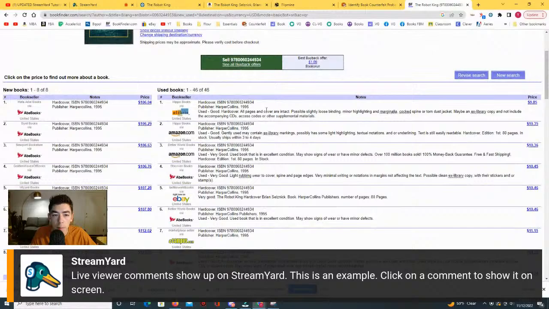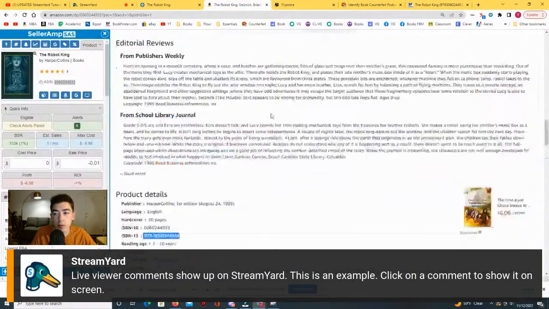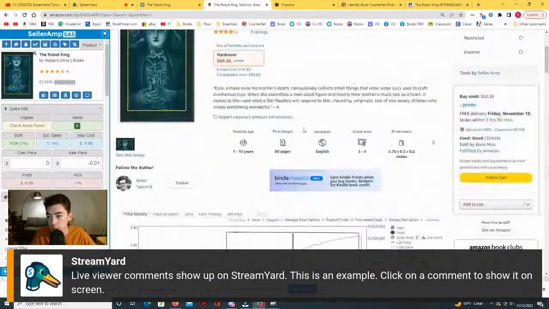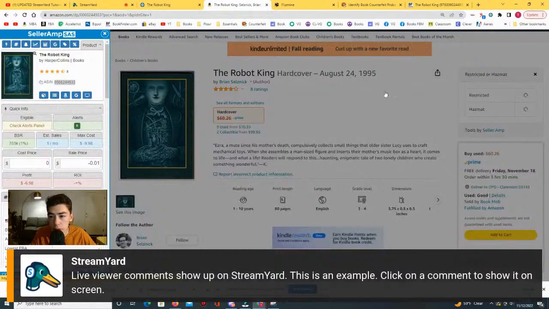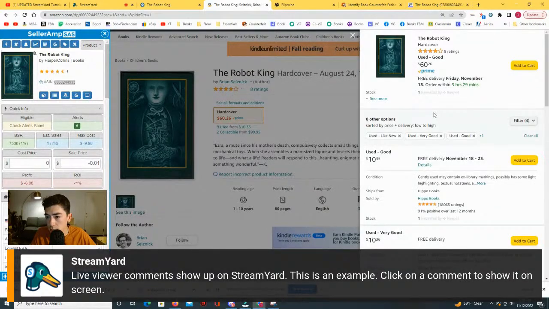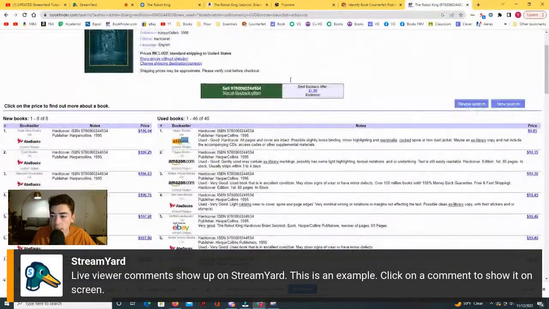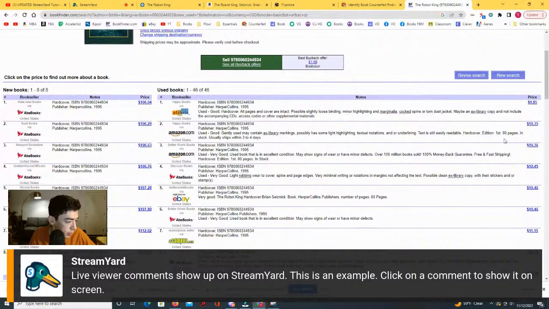So you can see that even though the price on this book is $10 plus 35 cents, that's not the cheapest copy available. You can buy it from Hippo Books on Albris. One thing you'll notice is that a lot of these bigger sellers have listing software where they list it once and it automatically lists on all platforms.